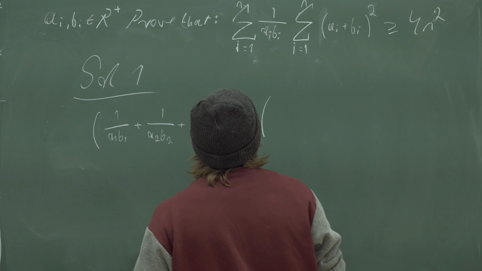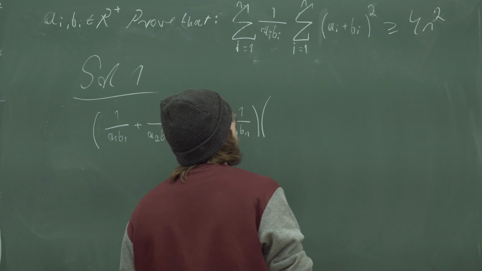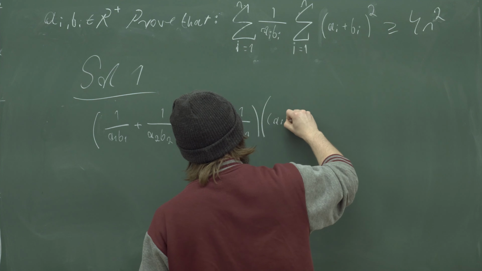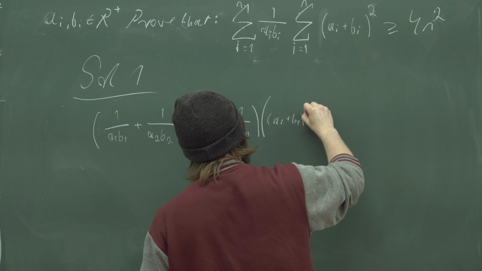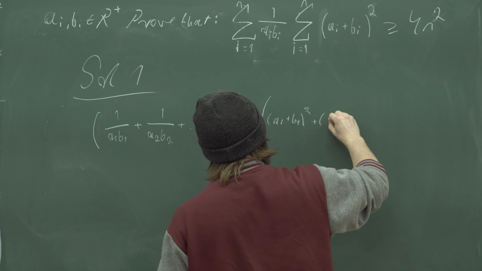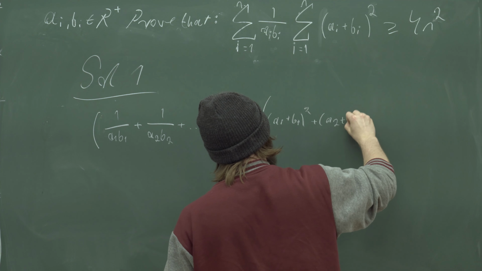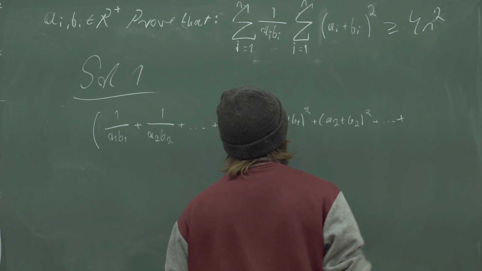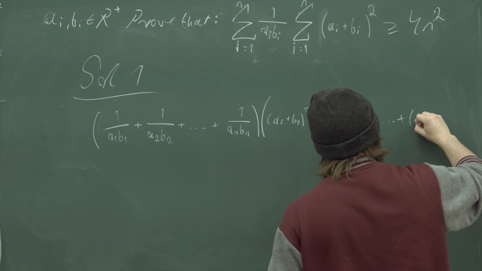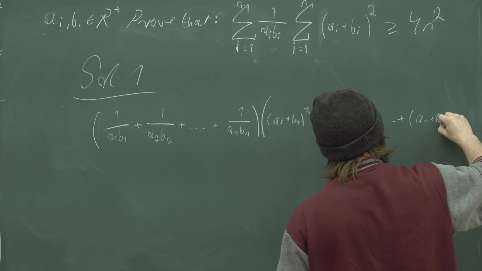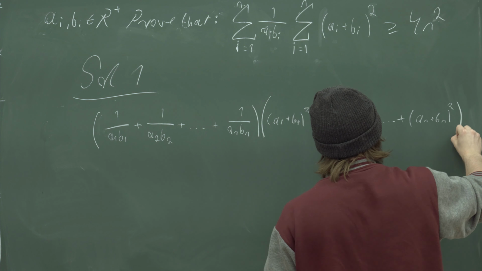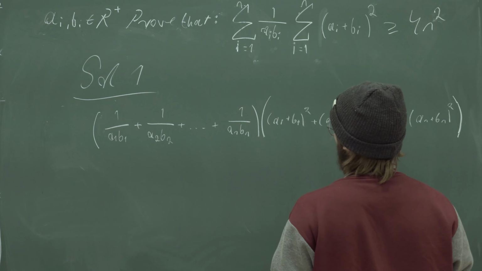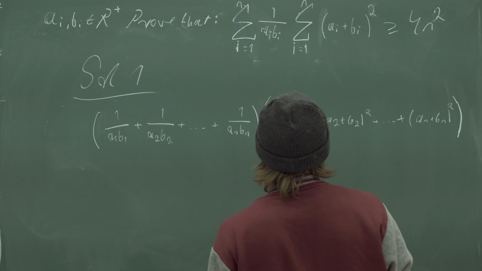And then what we're gonna get is a sum of squares of sums of a_i's and b_i's. So we're gonna get (a_1 + b_1) squared, (a_2 + b_2) all squared, a bunch of same looking terms, and then (a_n + b_n) all squared, and I have to close the parentheses and make it at least approximately the same size as the one on the left.